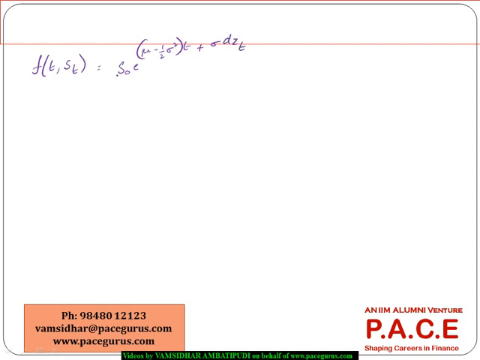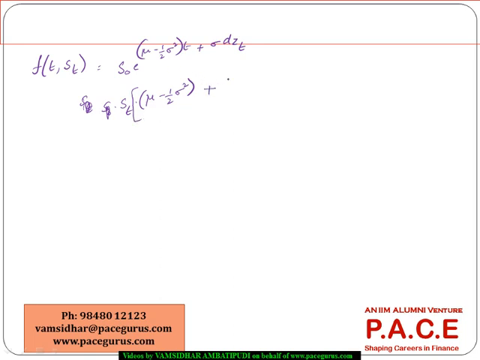The first one, when I am taking dou f by dou t, differentiating this with respect to t, this entire thing is operating out as the same S_t, because S naught into this is coming out to S_t, and the derivative of this e power with respect to t is coming out to mu minus half sigma squared.